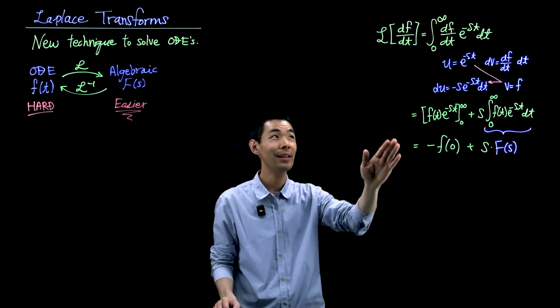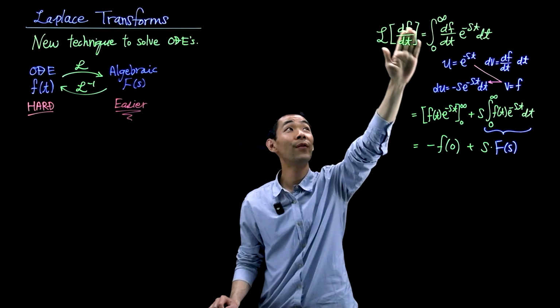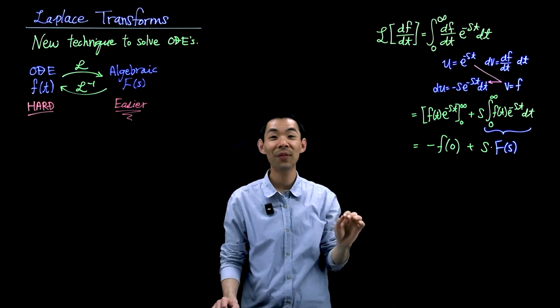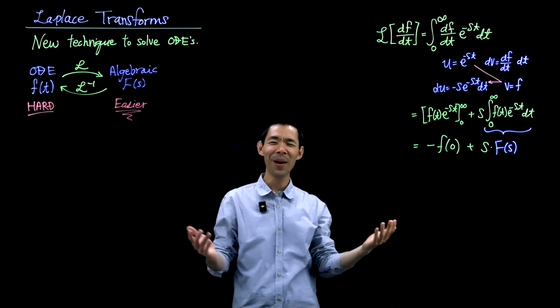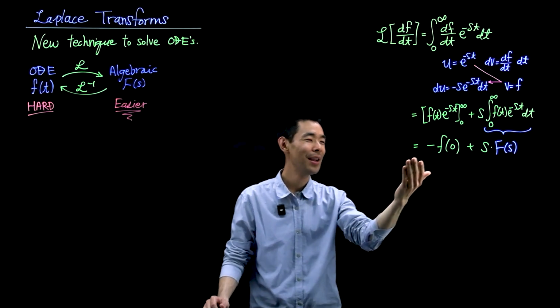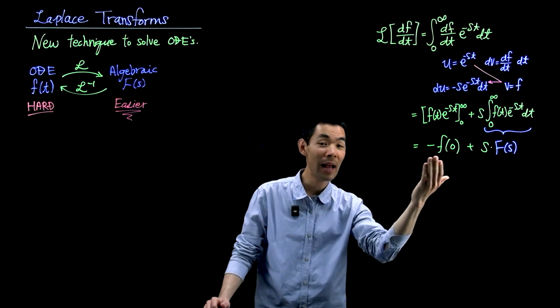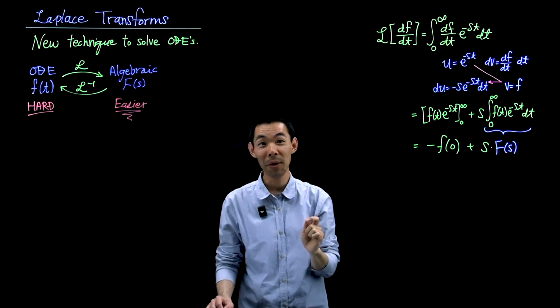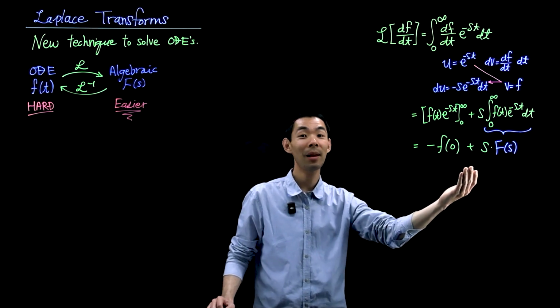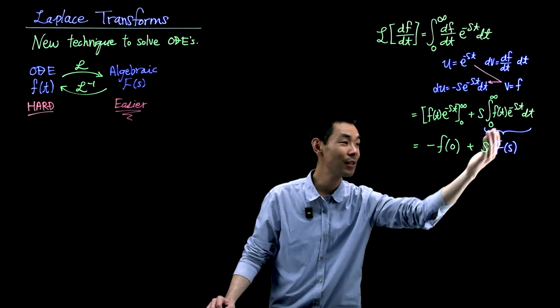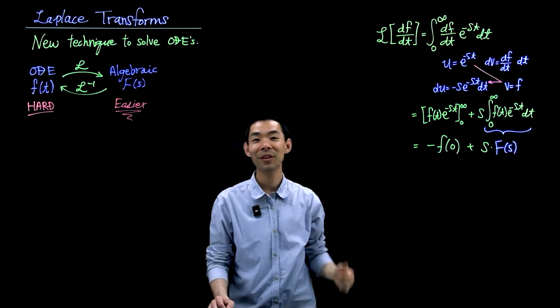So we've taken the Laplace transform of the first derivative of the function little f, and apparently that is equal to the negative of little f, the function you want, evaluated at initial time t equals 0, plus s, the Laplace variable, times the Laplace transform of the function f.